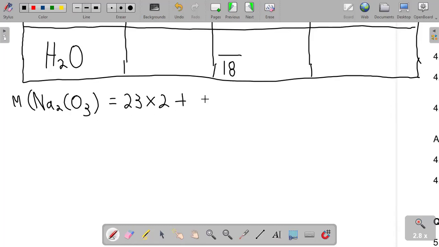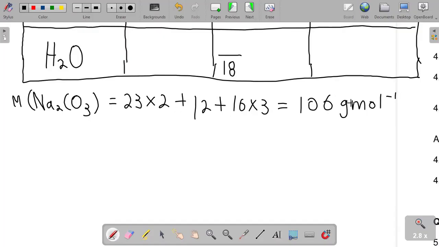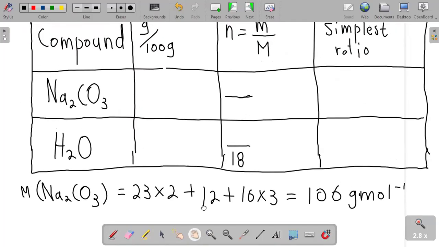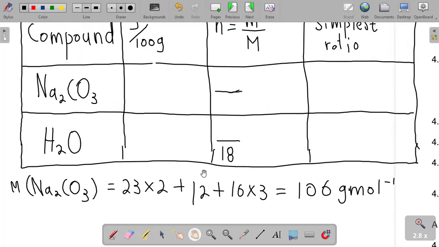These numbers come from the periodic table. And then plus 12, and then plus 16 multiplied by 3, which is going to be 106 grams per mole. So for sodium carbonate, it's going to be 106.